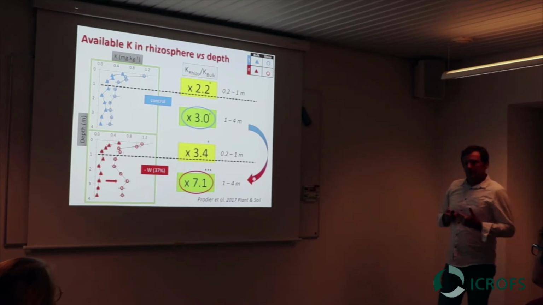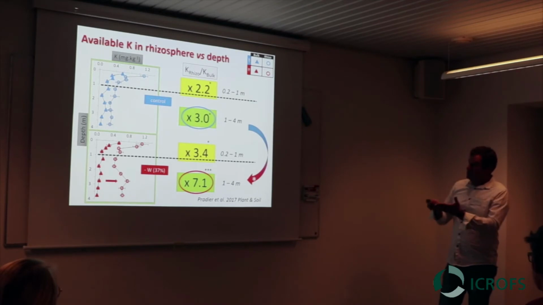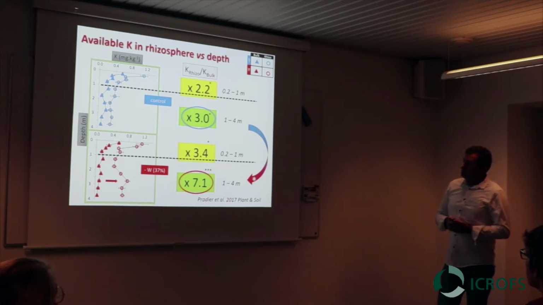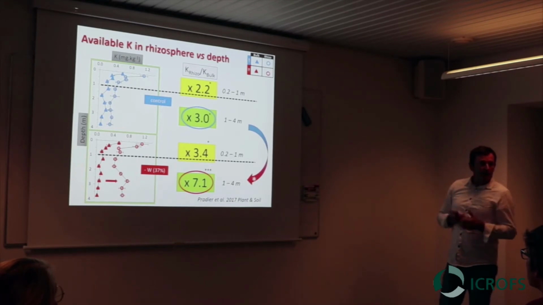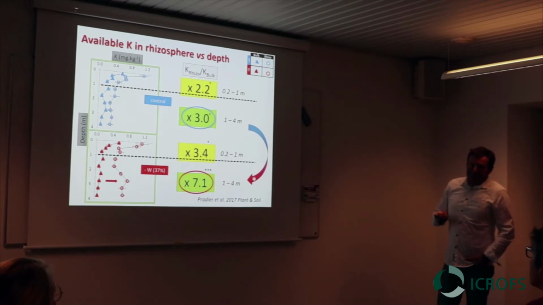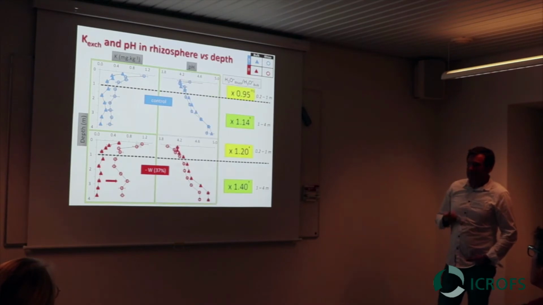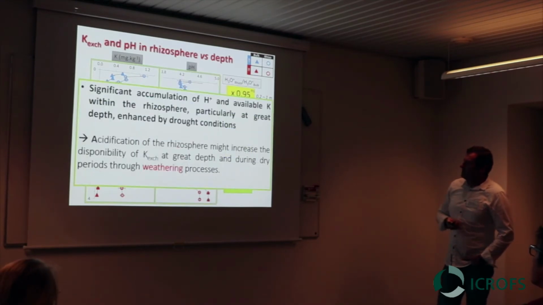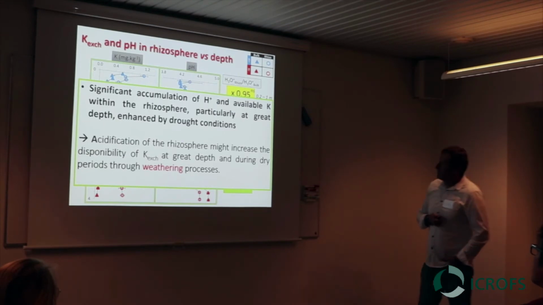So we think that the weathering activity of the roots in this particular horizon may be higher than in the topsoil, even though we found fewer roots than in the top horizon. It shows quite a certain plasticity of this root system. So, significant accumulation of protons.